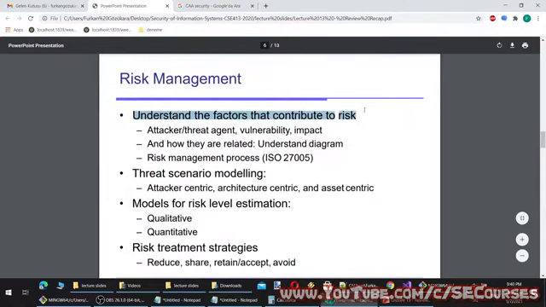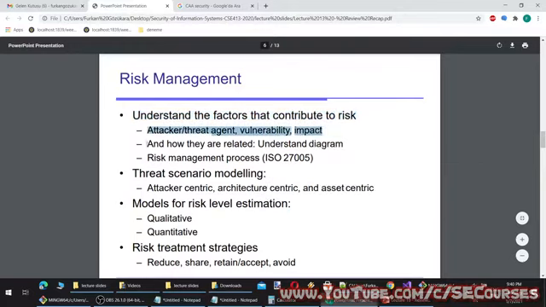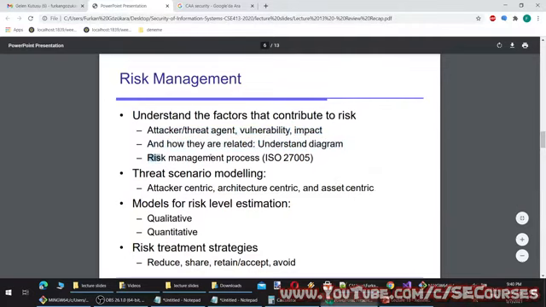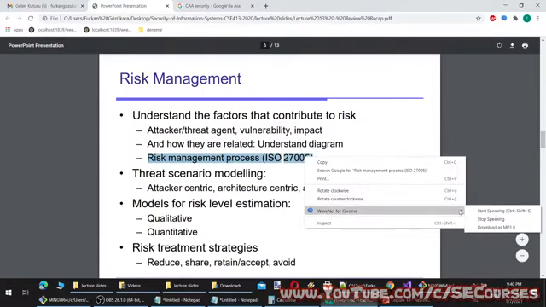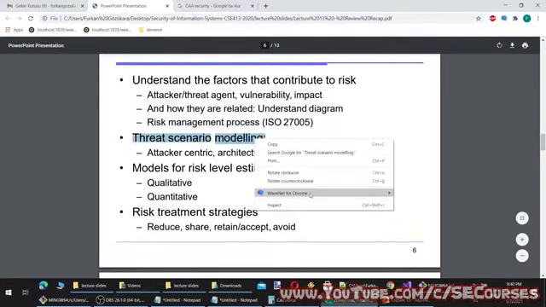Risk management. Understand the factors that contribute to risk: attacker, threat agent, vulnerability, impact, and how they are related, understand the diagram. Risk management process ISO 27005.